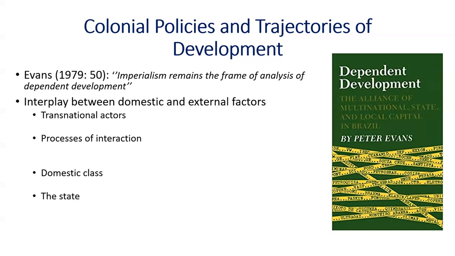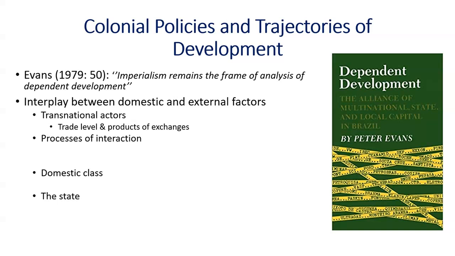In order to understand how the economies of developing countries are dependent on the core, you need to investigate four main aspects: the transnational actors, processes of interaction between domestic players and international players, the leverage of the domestic class in relation to international multinational corporations or the international business community, and to what extent the state is autonomous enough to allocate resources or to accumulate surpluses.